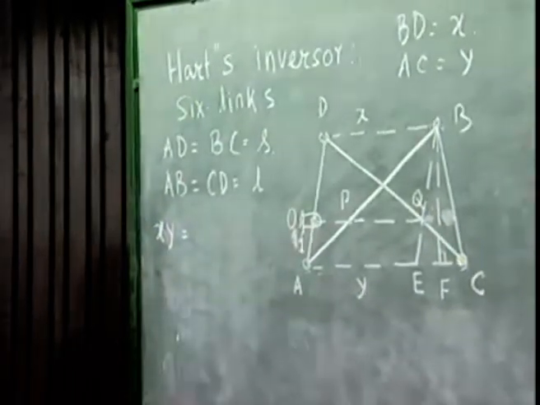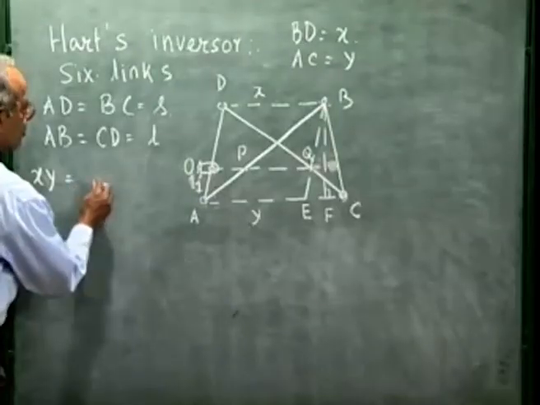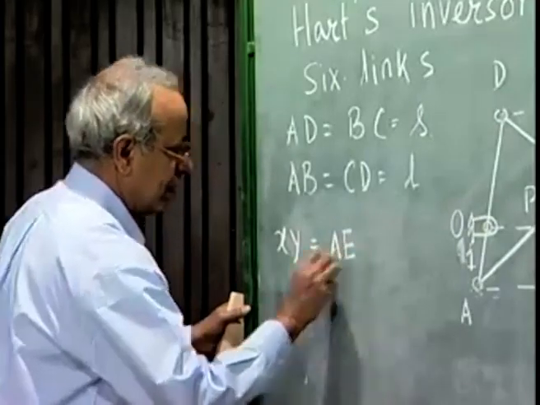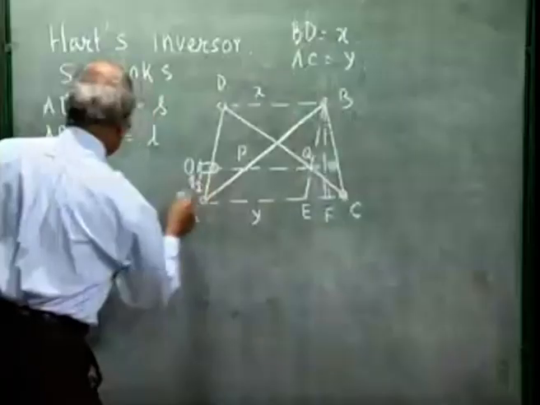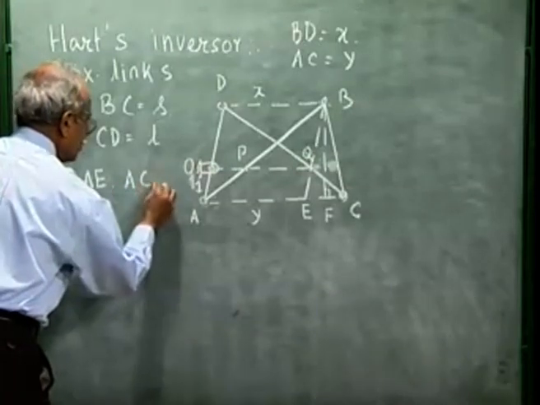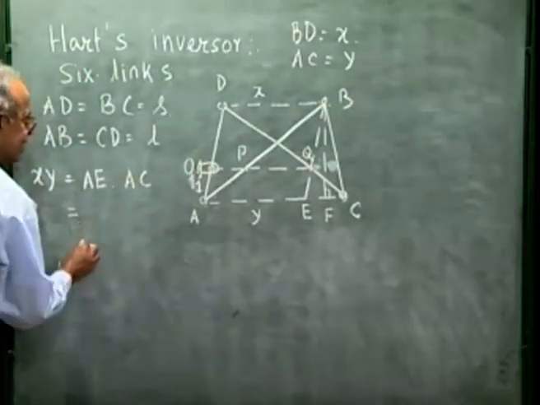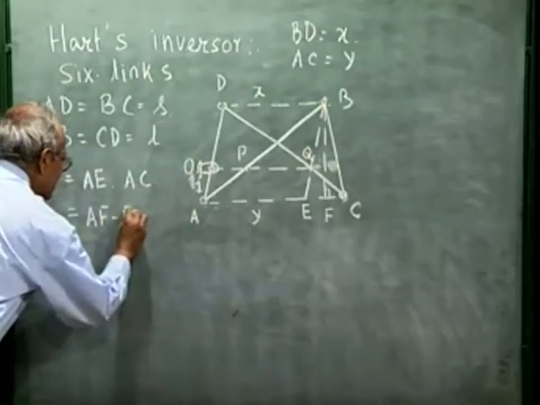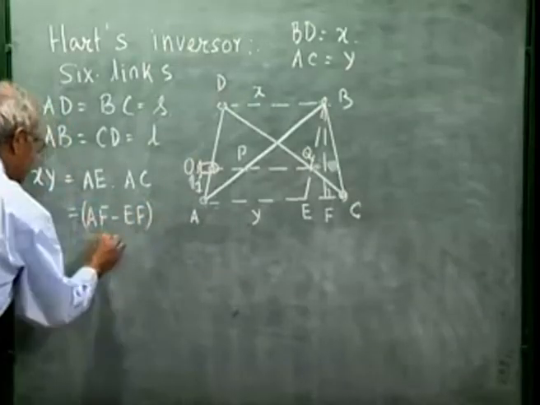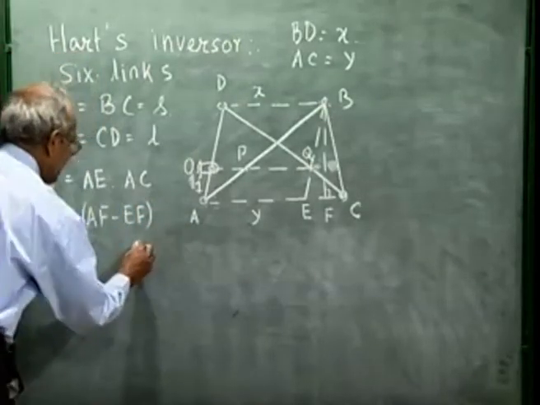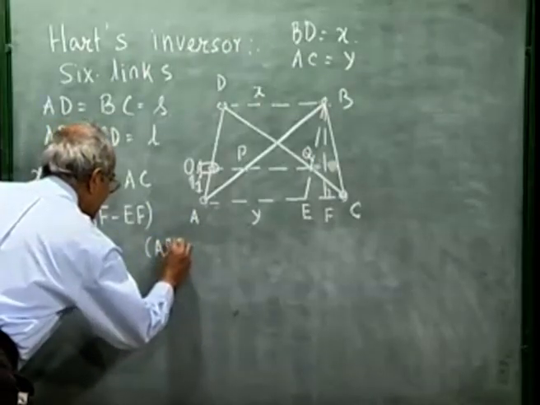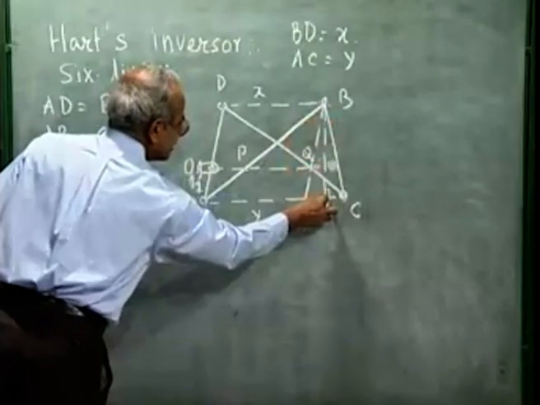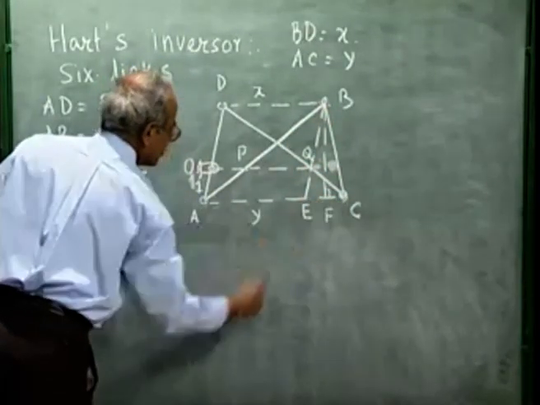What is XY? XY is BD, which is the same as AE. So, X is AE. And what is Y? Y is AC. So, XY is AE into AC. This I can write, AE is AF minus EF and AC is AF plus CF, which is the same as EF, because this is an isosceles triangle, this is the perpendicular bisector, so this is equal to this.